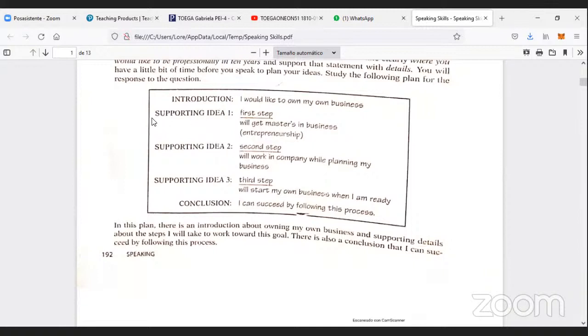It's going to be the introduction of your idea, your direct response. After that, you have to give your supporting ideas, idea one, two, or maybe three. At least three ideas, where you could put steps, first step, second or third, or you could use connectors: first, after, then.